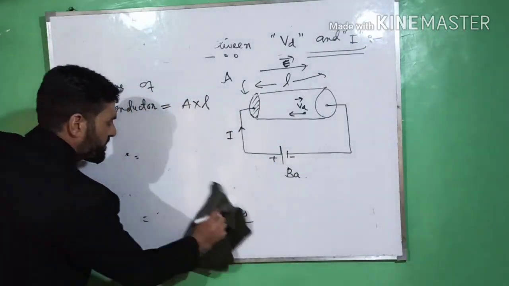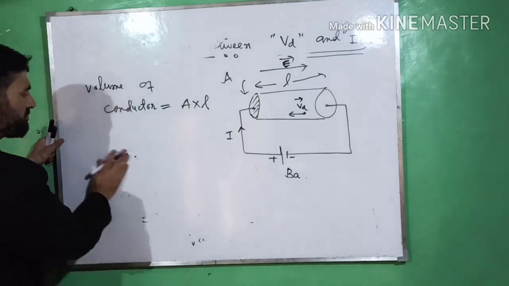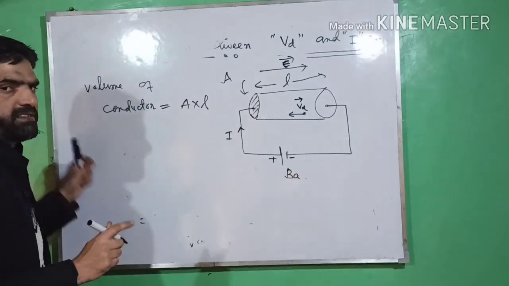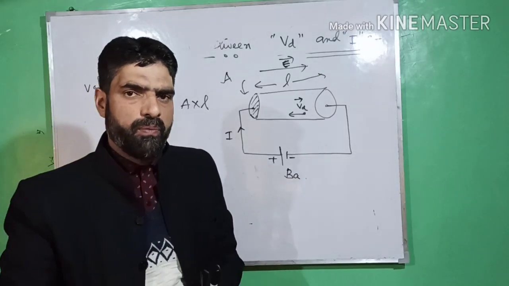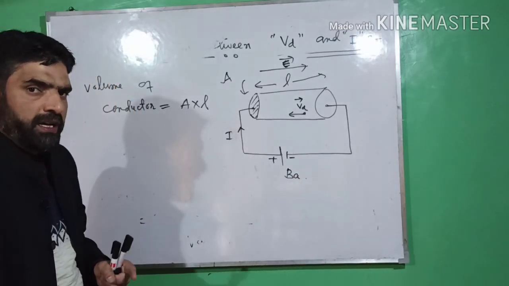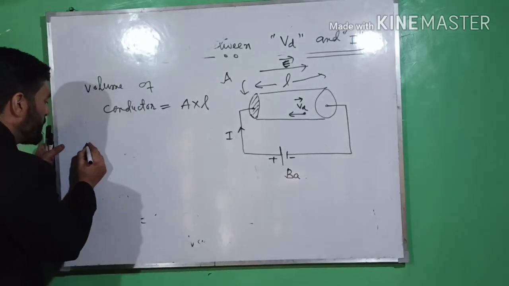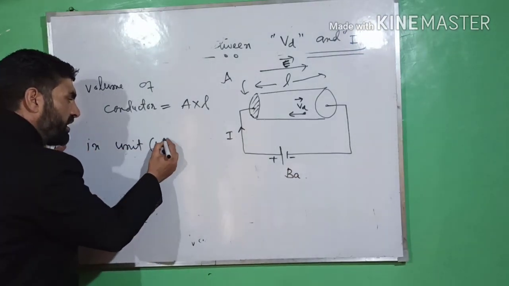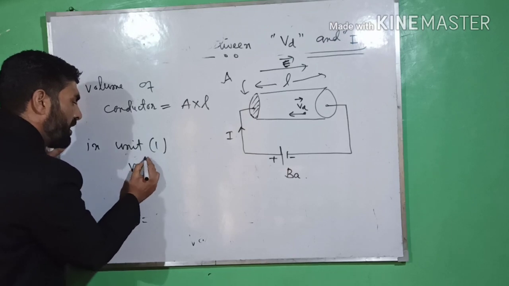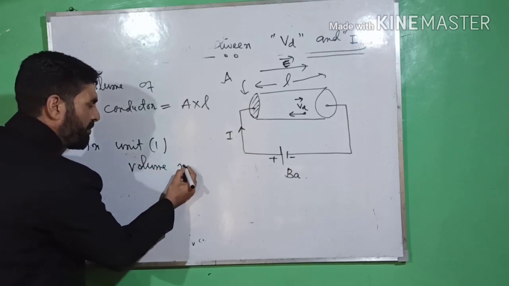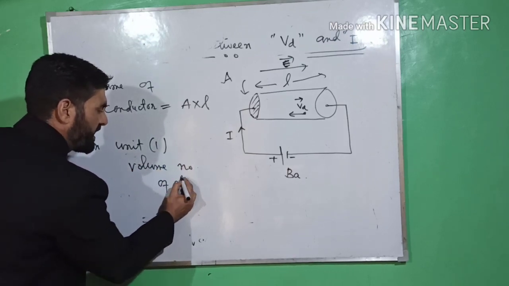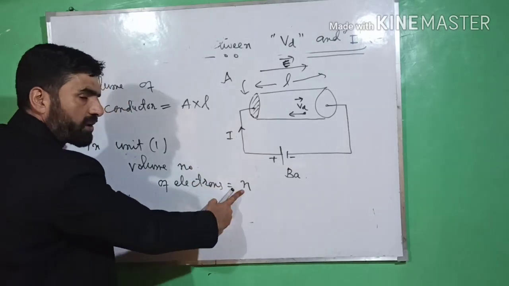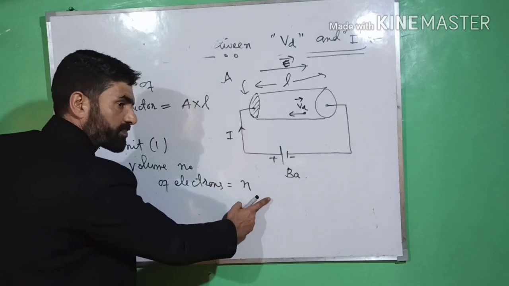Now see, dear students, N is the electron density, that is the number of electrons per unit volume.